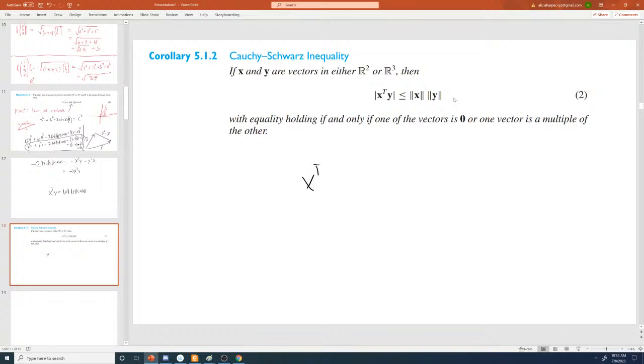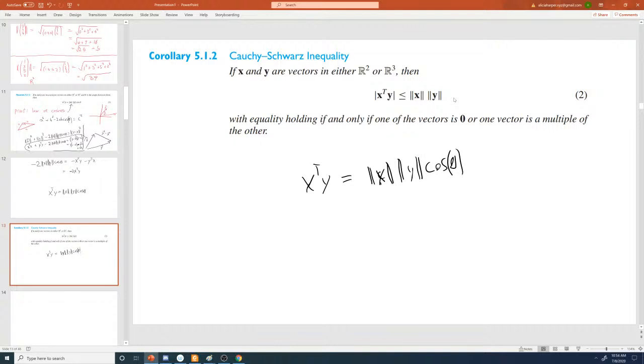We know that x transpose times y is equal to the length of x times the length of y times cosine of theta.